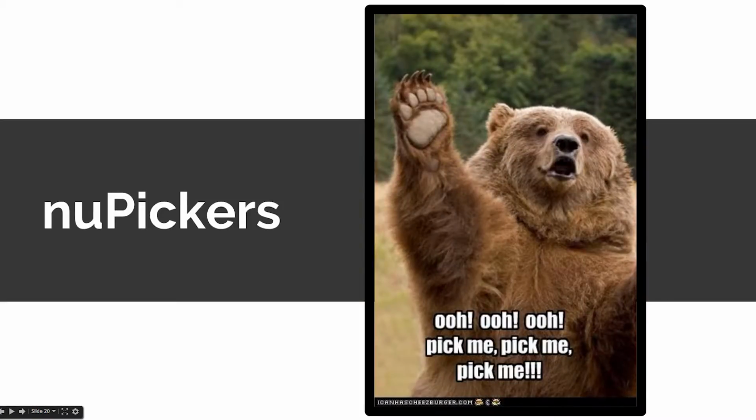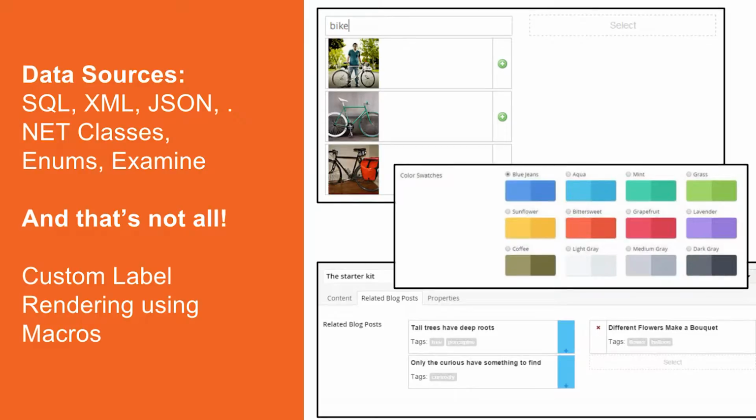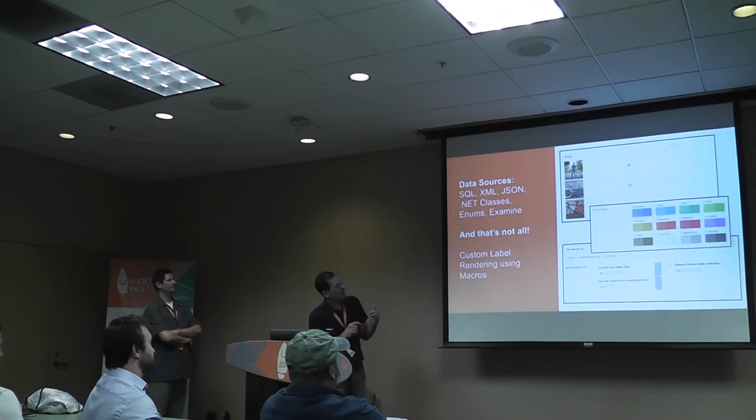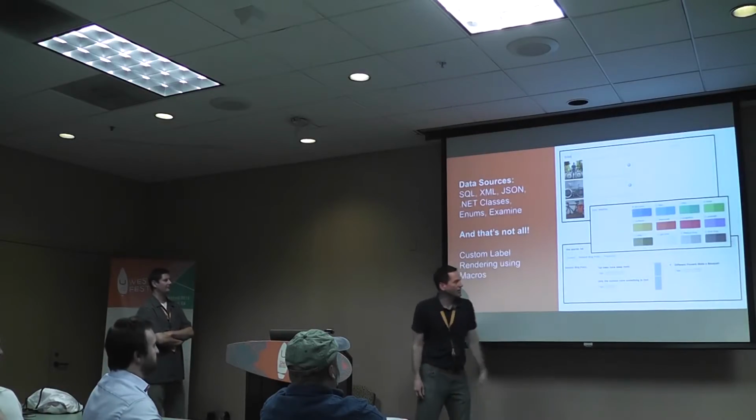New Pickers, raise your hand if you use New Pickers. Okay, this one's awesome. This is one you've got to at least try, okay? So New Pickers is a set of property editor interface elements, so checkboxes, drop downs, radio buttons, type ahead autocomplete things, these drag and drop interface things.